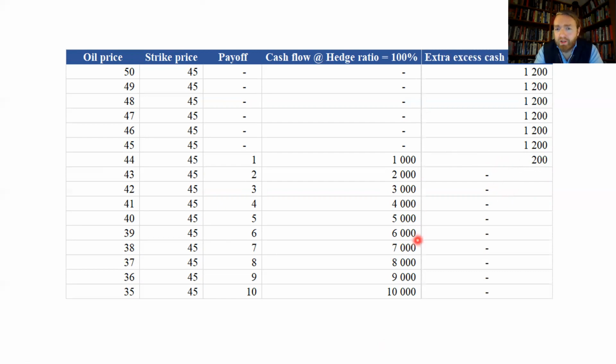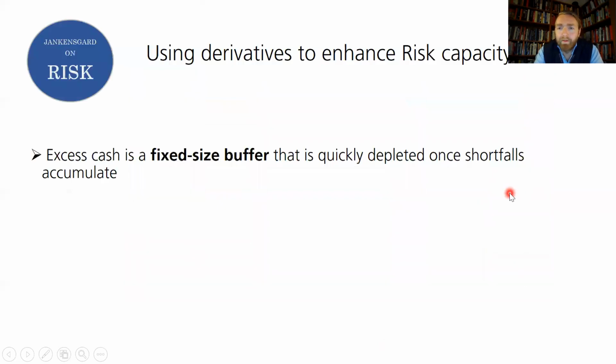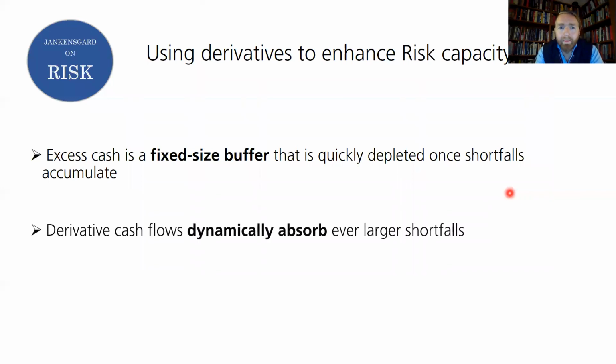When the shortfalls get ever larger over here, we've already exhausted the excess cash that was available to us. So we're talking about a fixed size buffer, as far as excess cash is concerned. It pretty quickly gets depleted in tail risk scenarios, whereas derivative cash flows dynamically absorb ever larger shortfalls, and that's a big difference.